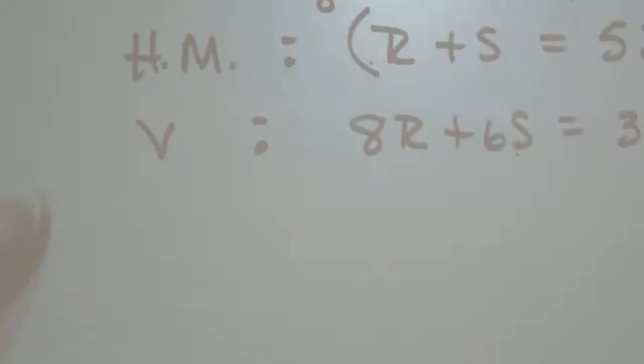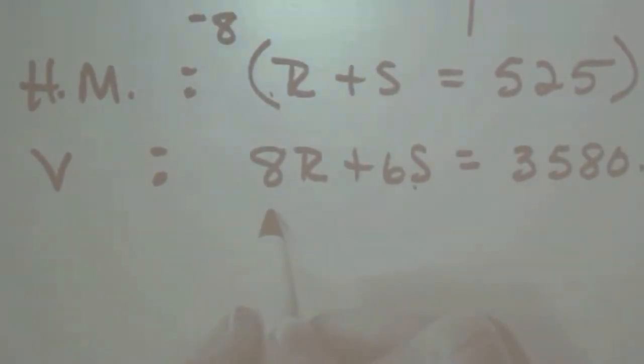Mary, how am I going to get this first equation, my how many equation? Multiply by -8. -8, very good. So multiply this whole equation by -8. I'm going to put it right underneath my value equation.